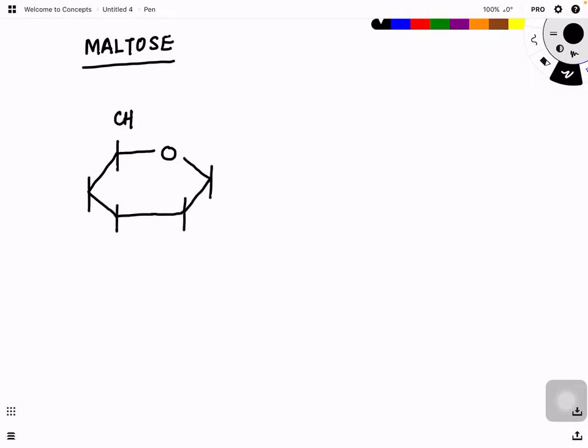So CH2OH, H, OH, OH, H. And because it's alpha glucose, the OH is below the ring. So we have to draw two of them.